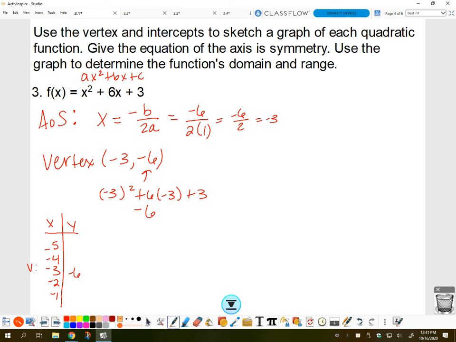So again, I'm going to go with -2 and -1. If I plug in -2, it's going to be 4 minus 12, so -8 plus 3 is -5. If we put in a -1, that'll be 1 minus 6, so -5 plus 3 is -2.